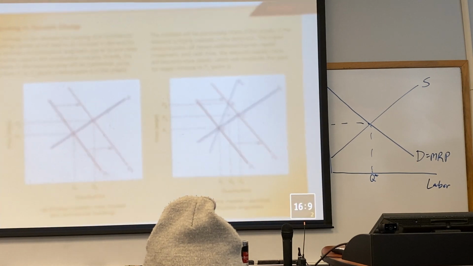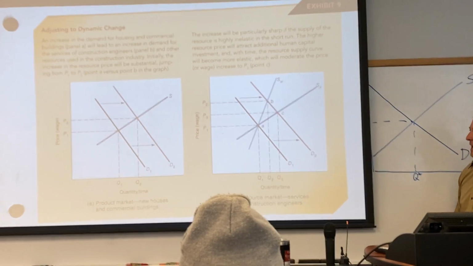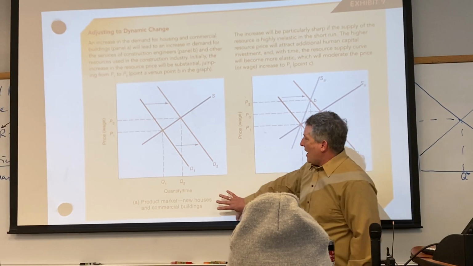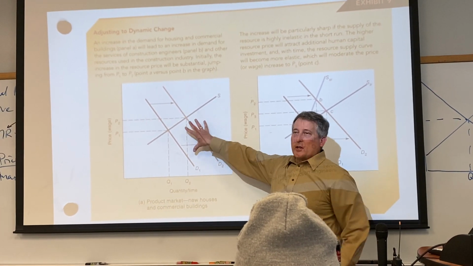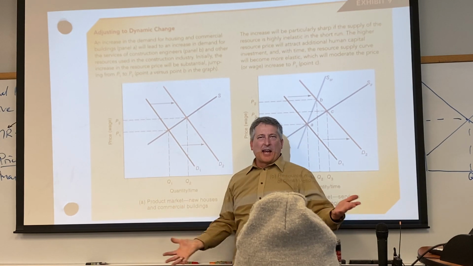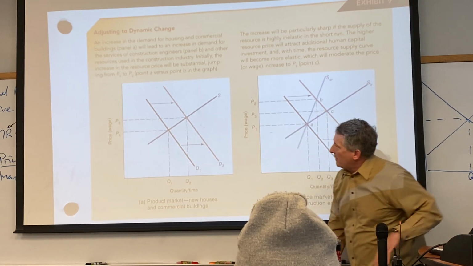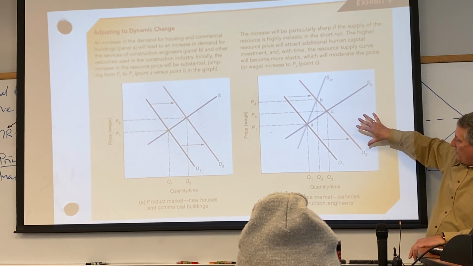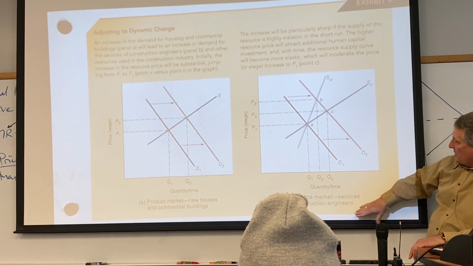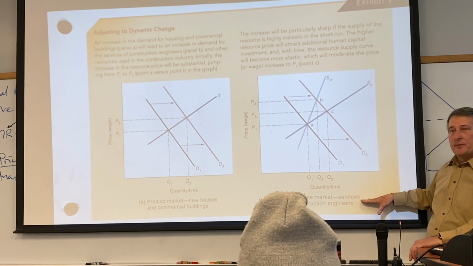All right, so on the graph to the left, we've got the product market, the housing market. So here's the housing market, maybe in a region, maybe in Kansas, maybe in some metropolitan area. And here are the wages for the resources of construction engineers.